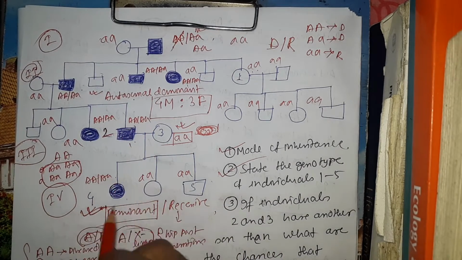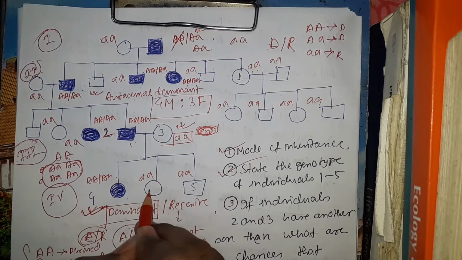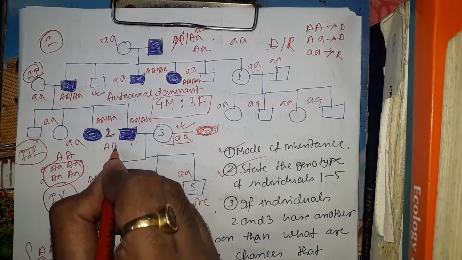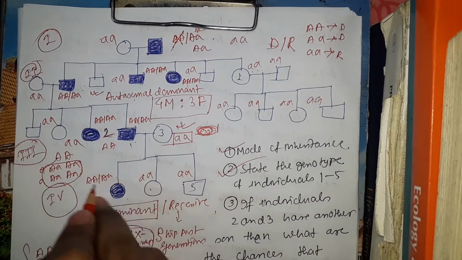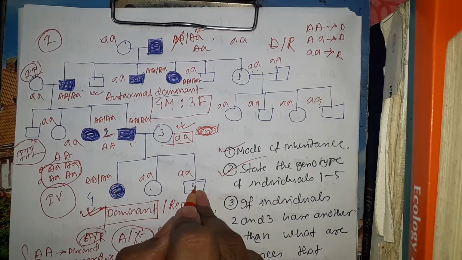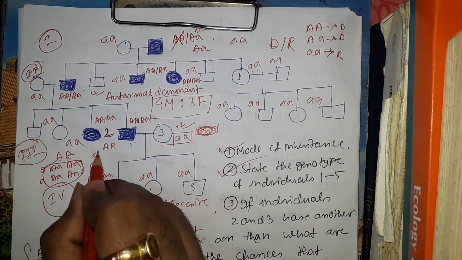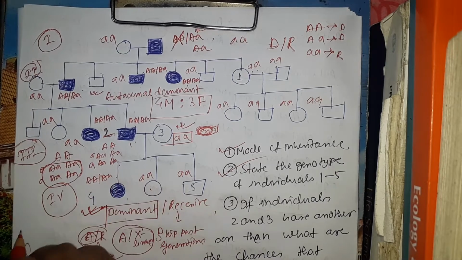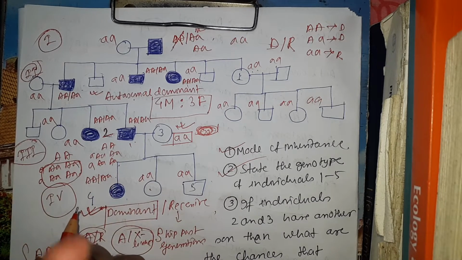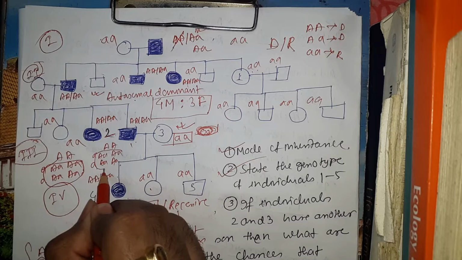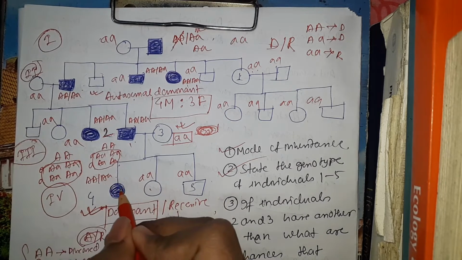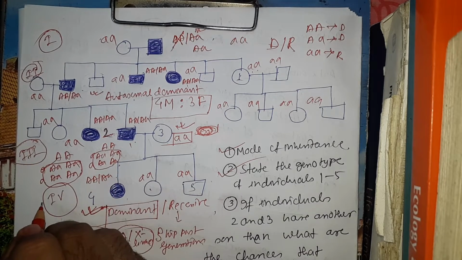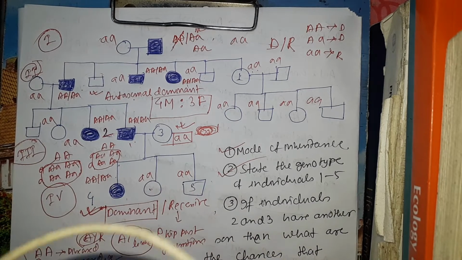Watch that, there is also a confusion here. If we take capital A, then all individuals will be affected. Why? Because if we do a Punnett square, all progenies are heterozygous, and as I have previously told you, in case of autosomal dominant, if we have heterozygotes, then all the 4 progeny will be diseased, but they have normal progenies, right?